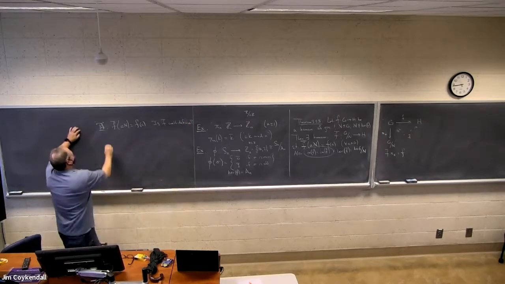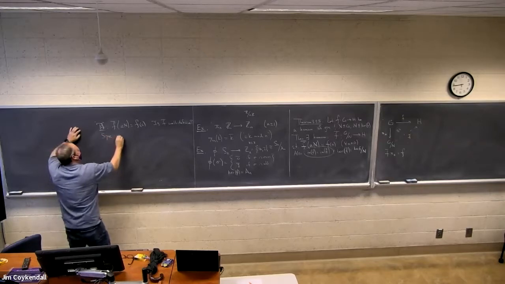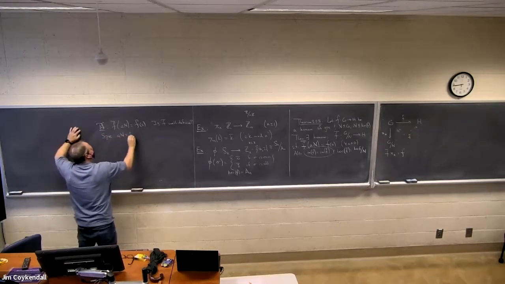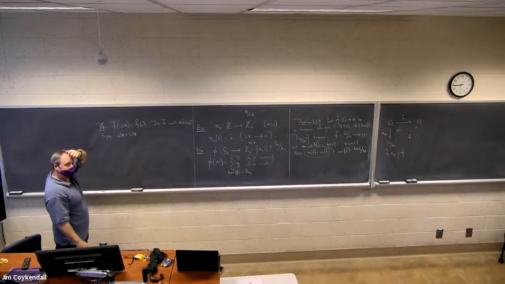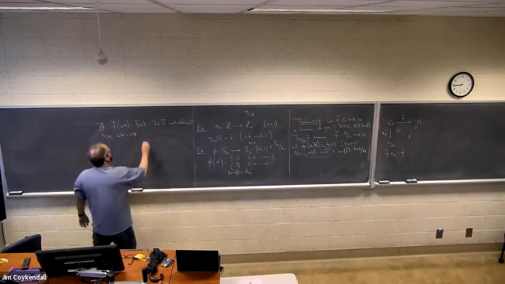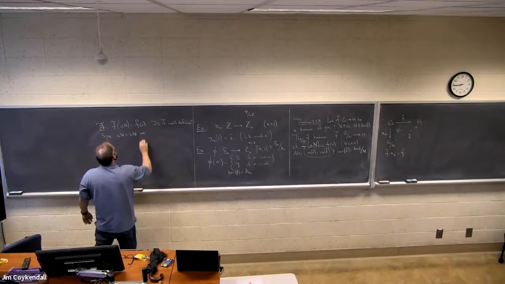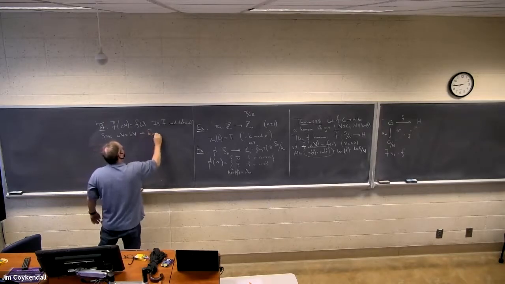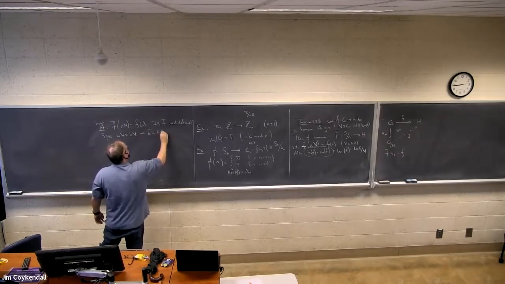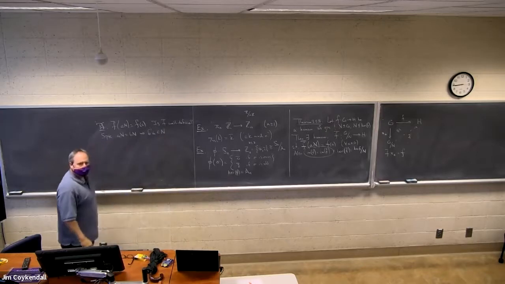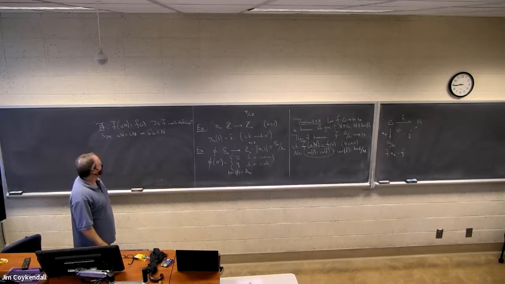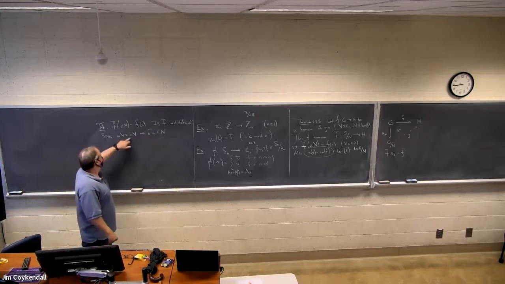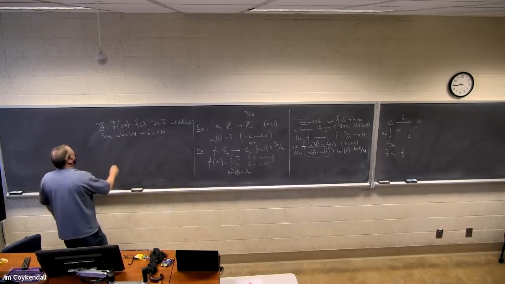Well, suppose AN equals BN. This implies that B inverse A is in N, because that's what it means for these to be equivalent.